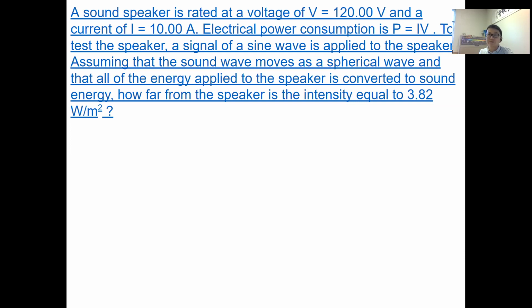Electric power consumption is P equal to I times V, just like the equation says. To test the speaker, a sine wave signal is applied to the speaker, assuming that the sound wave moves as a spherical wave and that all the energy applied to the speaker is converted to sound energy. How far from the speaker is the intensity equal to 3.82 watts per meter squared?